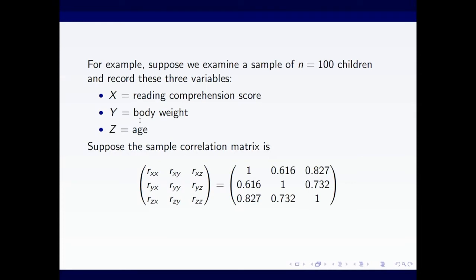And then we compute the sample correlation matrix, where the diagonal part is still 1, and the off-diagonal part consists of the values of the sample correlation of the pairs.